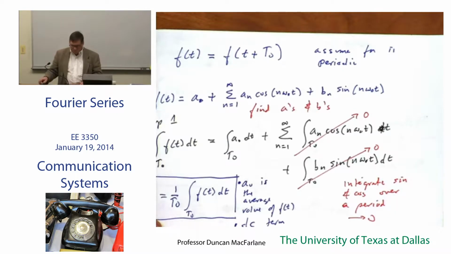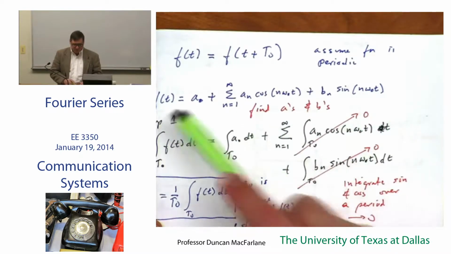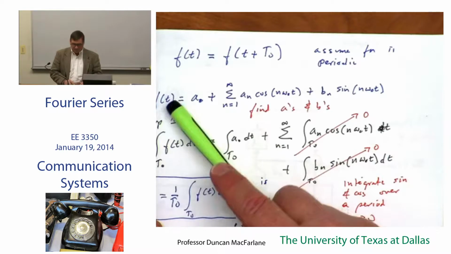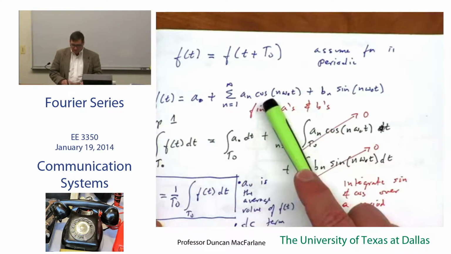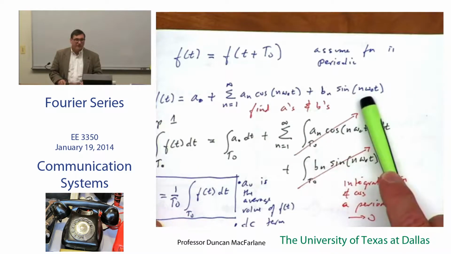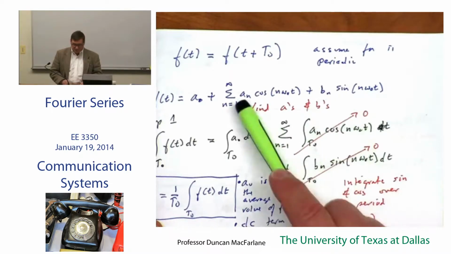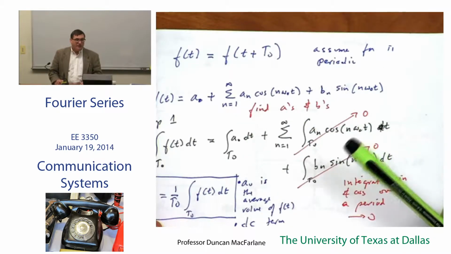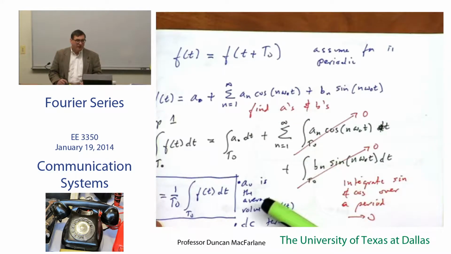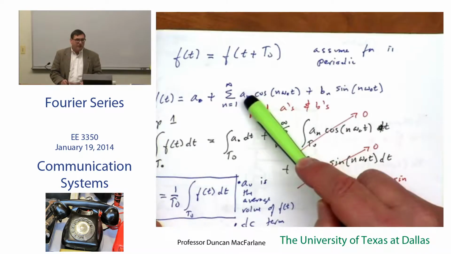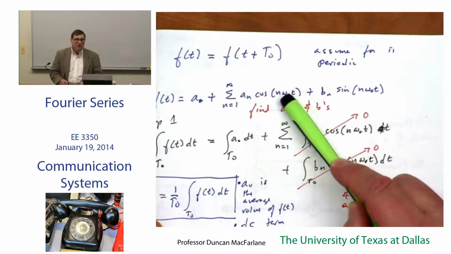My first example was a trigonometric Fourier series, where I take an f of t that's periodic, and I expand it in terms of a sum of cosines and a sum of sines, with magical coefficients a's and b's, that basically tell you how much of each of these harmonics you have. So if A27 is bigger than A2, you have more energy or more signal in the 27th harmonic than you do in the second harmonic of that cosine.